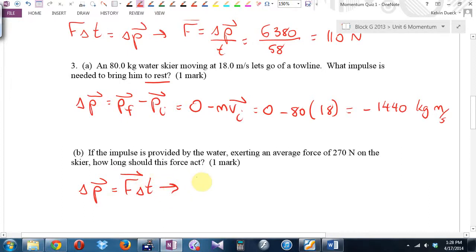I guess the time is going to be the impulse divided by the force. It's going to be negative 1,440 divided by, why is this technically wrong? I'm going to have negative time. Wait a minute. If the change in momentum is in the negative backwards direction, that's because the force is also in the negative backwards direction.